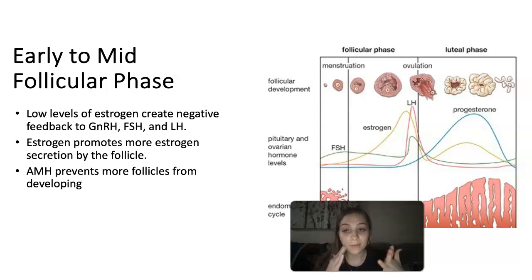In the hypothalamus, with the secretion of a releasing hormone, GnRH is created, which is gonadotropin-releasing hormone. Sorry, I struggle with pronouncing the names. And GnRH stimulates the pituitary to release FSH and LH, which are also hormones.